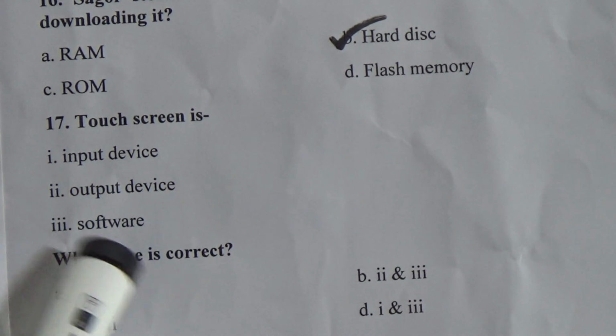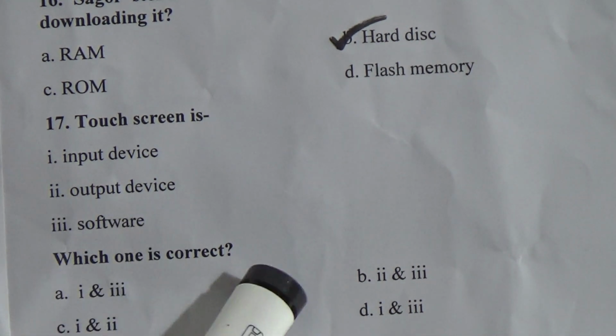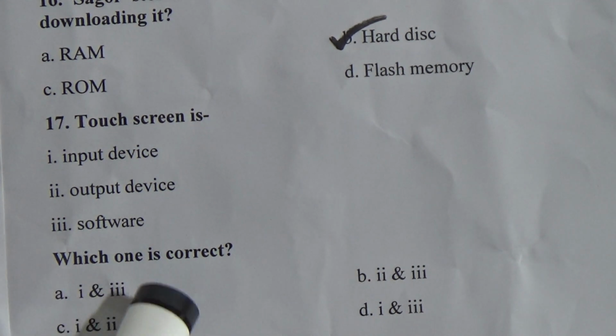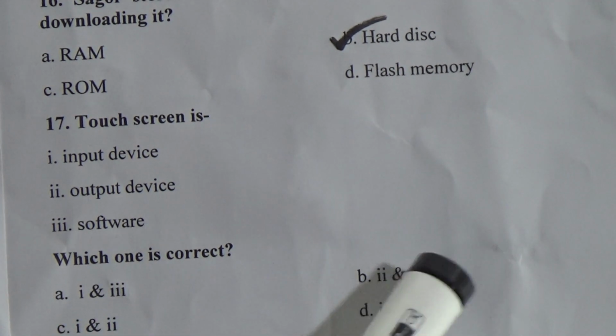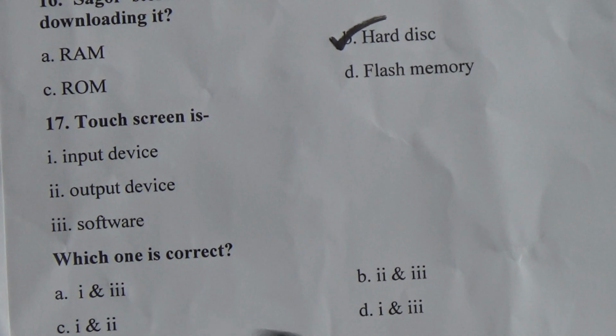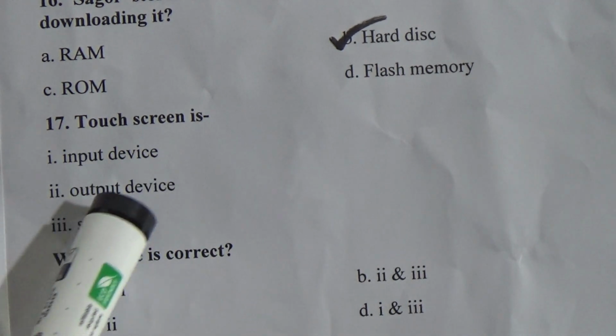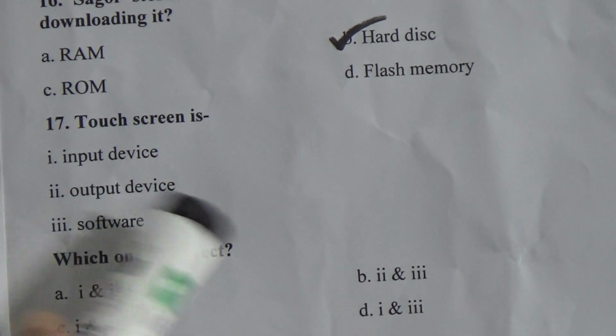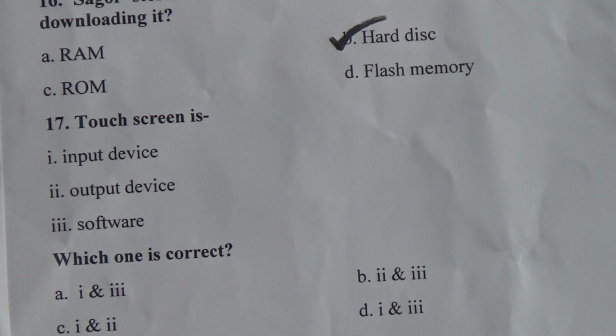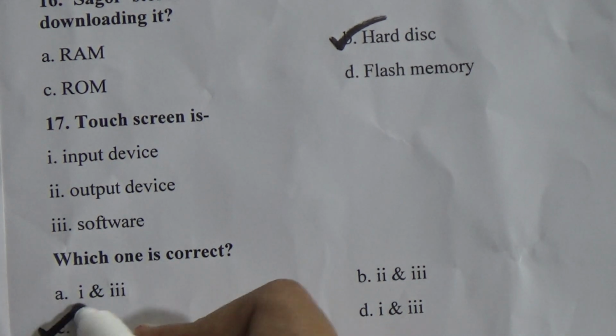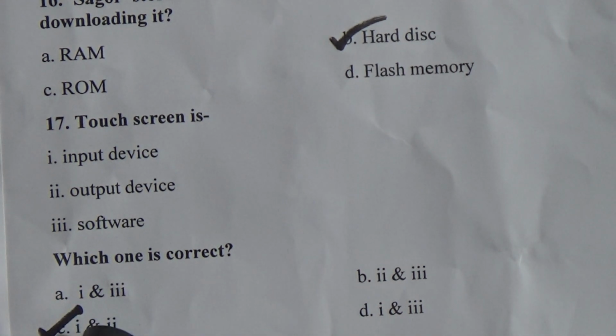Number 3 software. Which one is correct? A 1 and 3, B 2 and 3, C 1 and 2, D 1 and 3. We know touch screen is input device and at the same time output device. So input and output, 1 and 2. C will be correct answer.